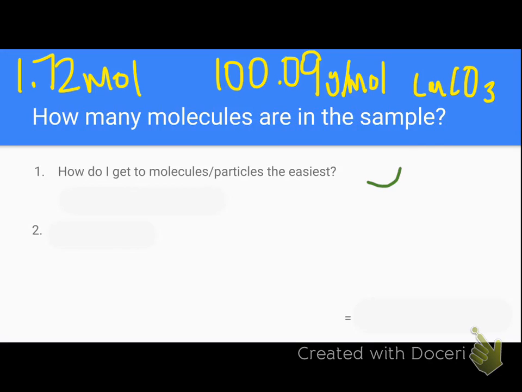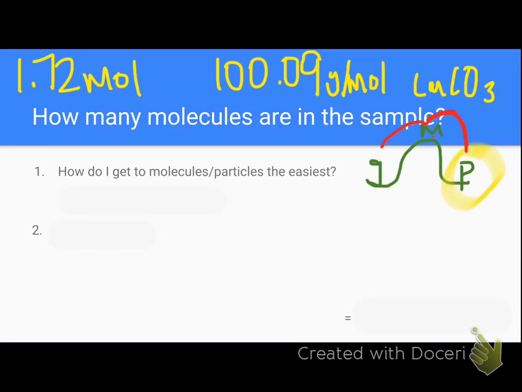Remember this that we just looked at? This was grams, this was moles, and this was particles. So the easiest way for me to get to the particles is from where? From grams, remember I have to go here and then jump, but from moles I just have to go straight from moles to particles.